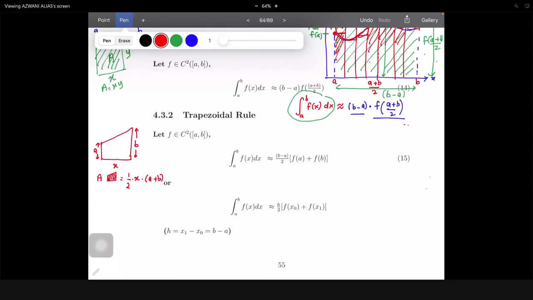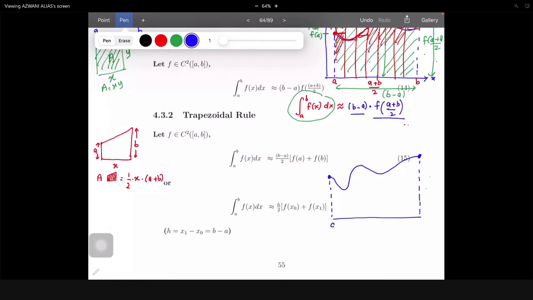So it is the same concept that we use for the trapezoidal rule. Okay, let's say the function, I draw it again. This is our function. This is the initial point, this is the end point.